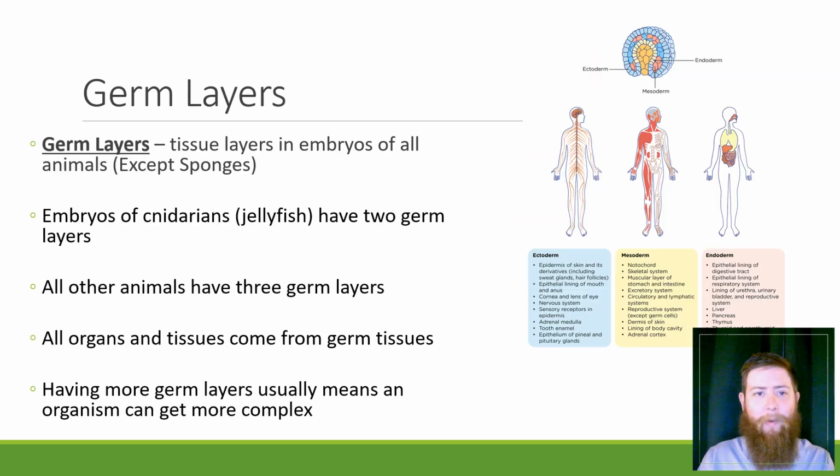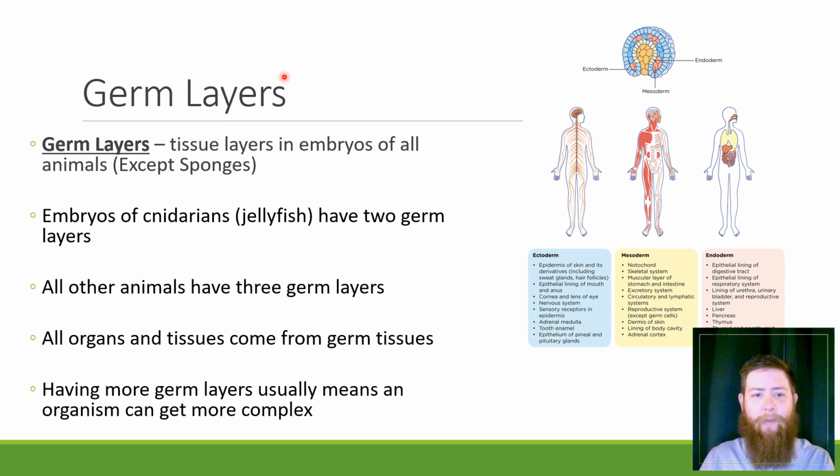We're going to talk a little bit more about germ layers later, but these are tissue layers in embryos that are in all animals except sponges, we say that they're not tissue having because they only have one type. But embryos of cnidarians have 2 germ layers, and then all other animals have 3 germ layers. So humans have 3 germ layers, worms have 3 germ layers, everything else has 3 germ layers.